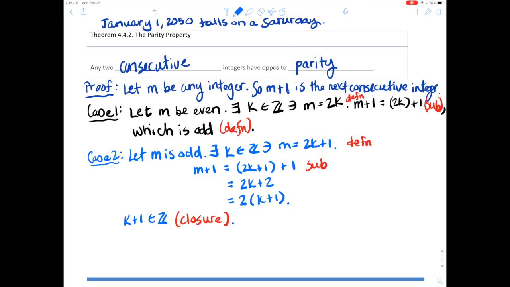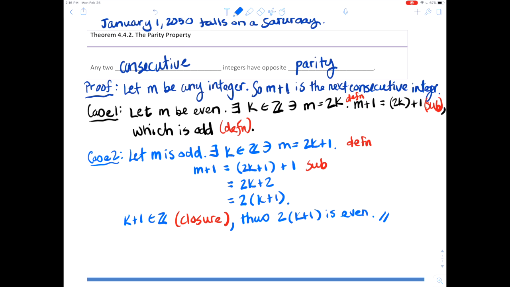And we could say thus 2 times k plus 1 is even. And guess what? We're done. We showed both cases. If you start out with an even, your next integer is an odd. If you start out with an odd, your next integer is an even, so they have opposite parity.